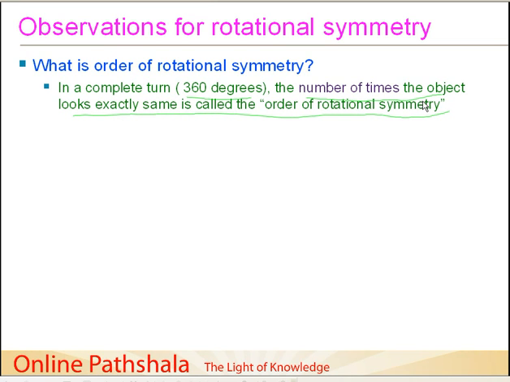It's important to keep in mind that a complete turn is not made in one go. It is a complete turn in steps of the angle of rotation. This is something you need to keep in mind.